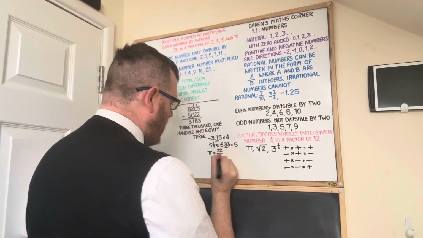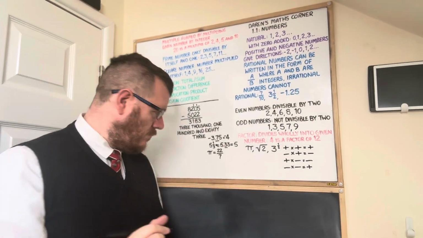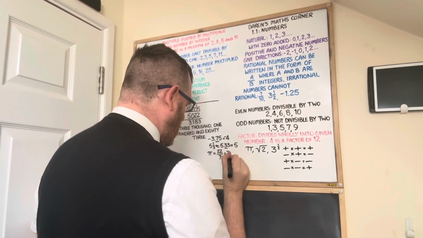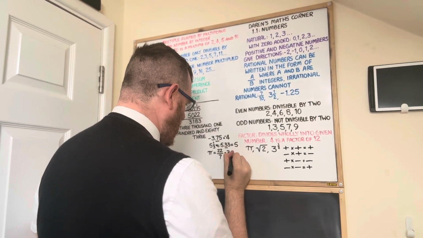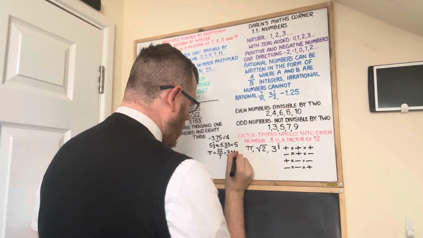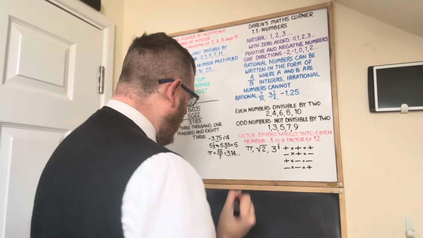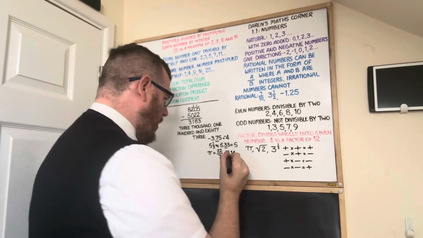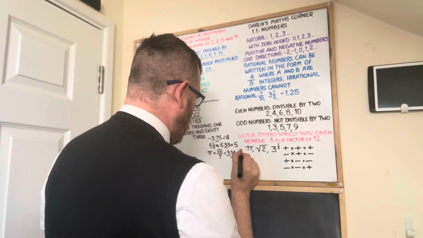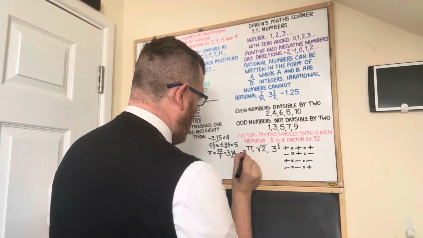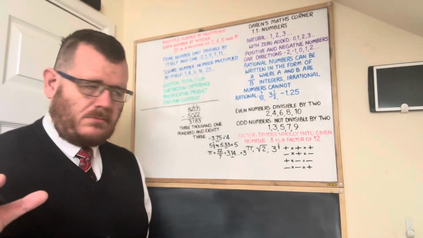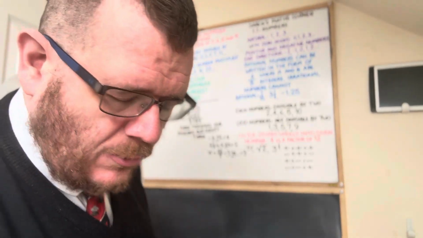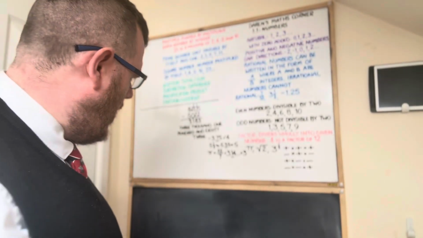Or if you want the decimal, it's all the way there, and it continues on and on. But round it down, because we're rounding it down to the nearest decimal, and then that becomes 3.